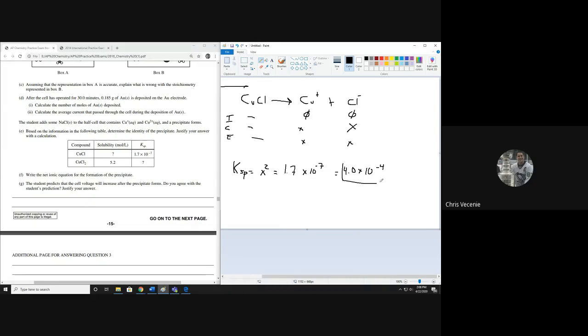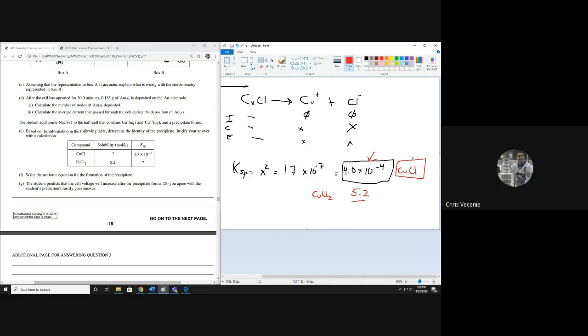So we get to compare this guy to the 5.2 of the other guy. Who's bigger? 5.2, which means CuCl2 is more soluble than the CuCl. So who will the precipitate be, based on this being 5.2 and this being to the negative 4th? CuCl. Good, right? The smaller one is less soluble, and less soluble means you'll be the precipitate.